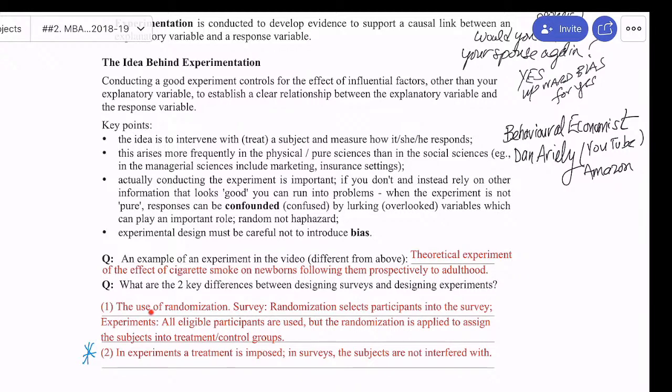The other thing I mentioned here was the idea of gathering subjects for an experiment, if it's human subjects. I'll distinguish for human subjects here.